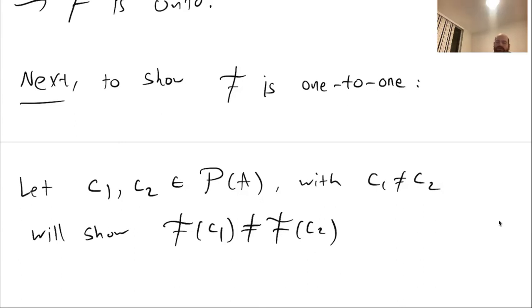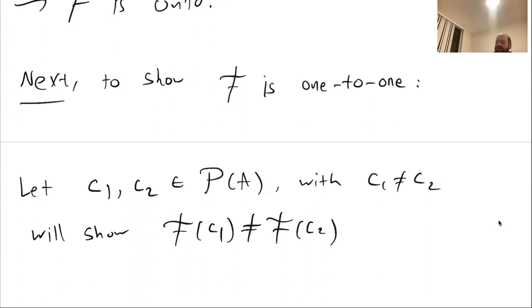One way to show that a function is one-to-one is to show that if I consider two distinct elements in domain, they are necessarily mapped to two distinct elements in codomain. Because if a function is not one-to-one, then at least two different elements in domain will be mapped to the same element in codomain. So if I can show that two distinct elements in domain are for sure mapped to two distinct elements in codomain, then the function must be one-to-one.